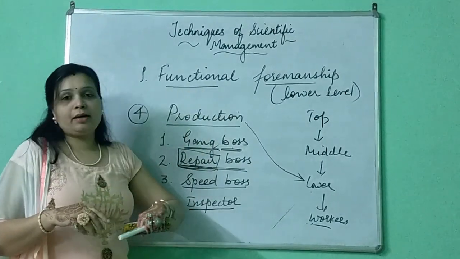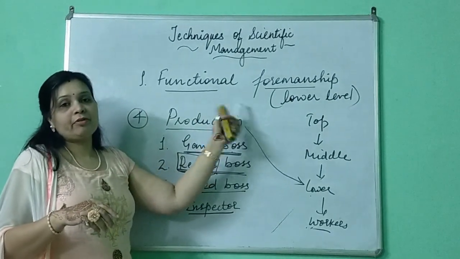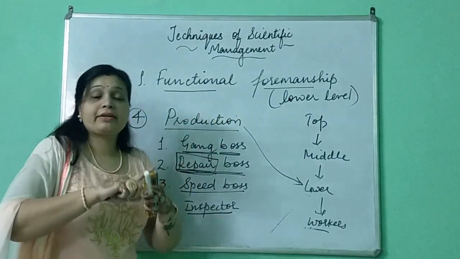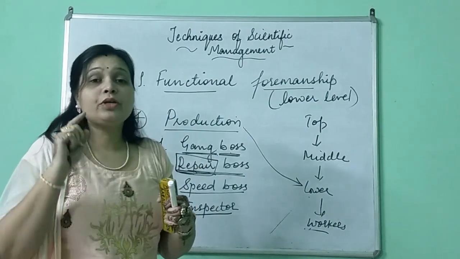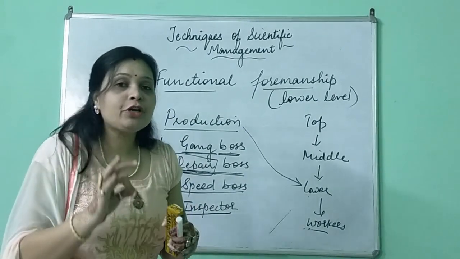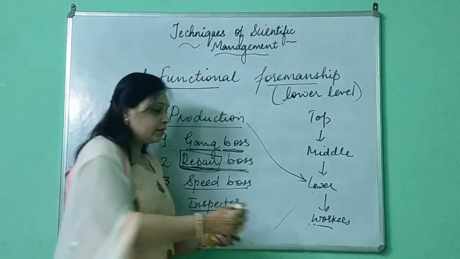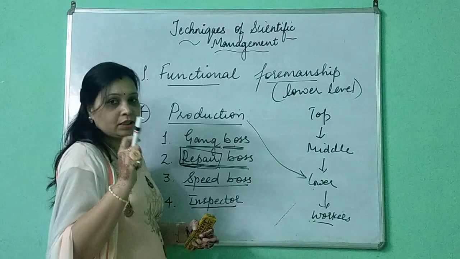And if the question comes that which principle is not in accordance with functional foremanship, so functional foremanship is contradictory to which principle of Henri Fayol? Unity of command. Because unity of command says that one worker should get command from only one senior.